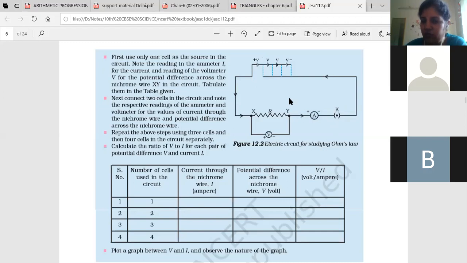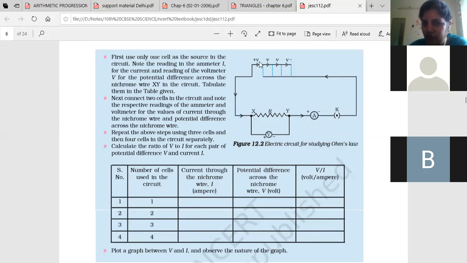Now in this case, first only one cell is connected in the circuit. In that case, at that time switch on this key and observe the reading of the ammeter and the reading of the voltmeter. We have to write them down in this table. So this is the observation table. The number of cells used in the circuit: 1, 2, 3, 4.